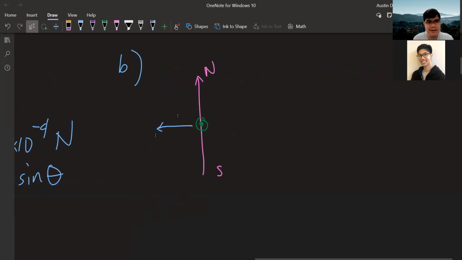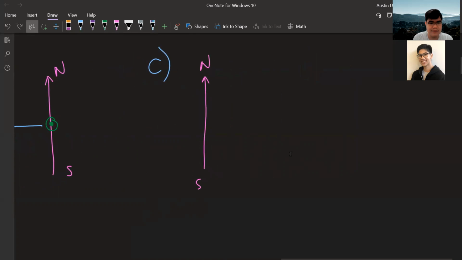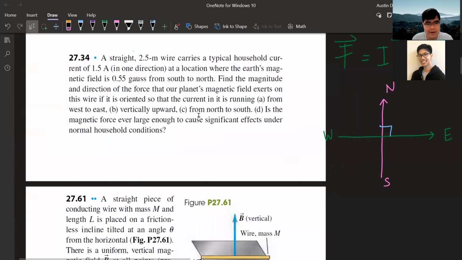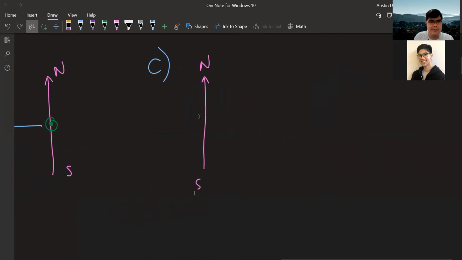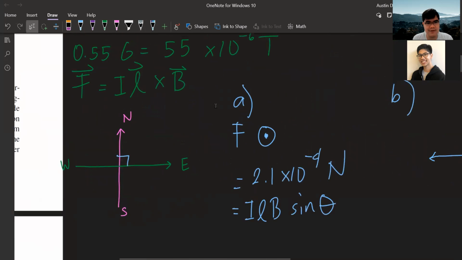So you have the same figures. And then lastly, see, if we have here, north, south, tapos yung wire yung current natin would be running from north to south. Okay. So they are parallel. So wala mangyayaring cross product. Zero yung cross product mo.